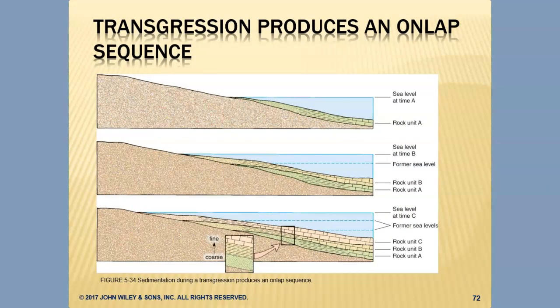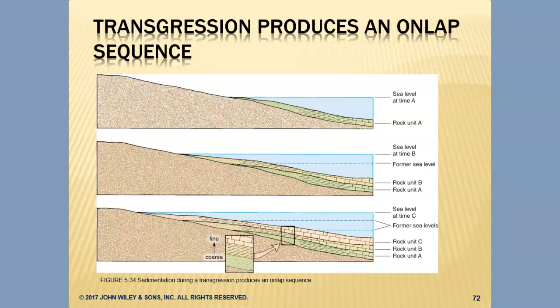In this picture, we see sedimentation during a transgression, which produces this ONLAP sequence. Notice that in each successive picture, the sea level is rising. And as the sea level rises, the sediments that used to be deposited farther out are now being deposited inland. In the bottom drawing, you can see that fining upward in the members of this formation.